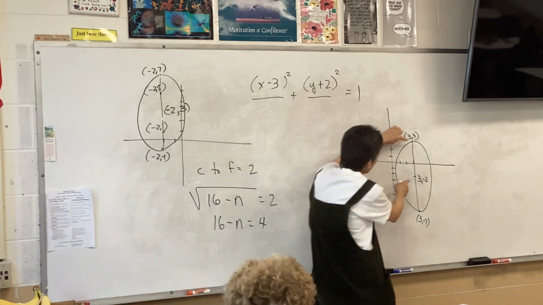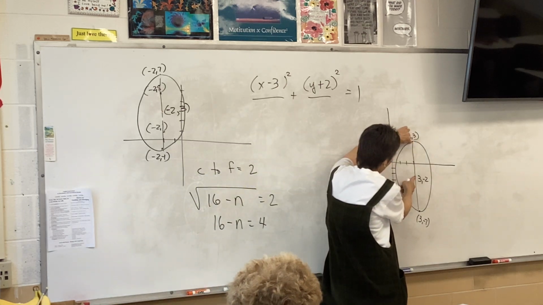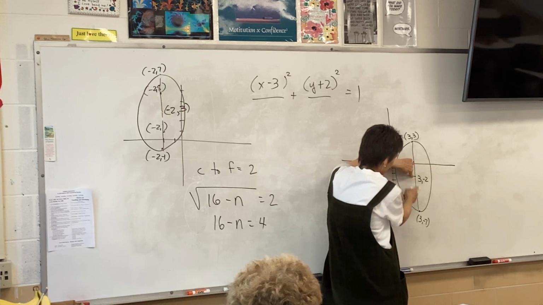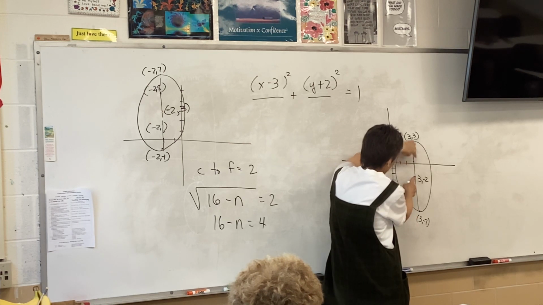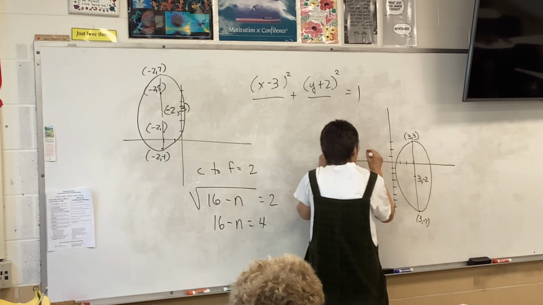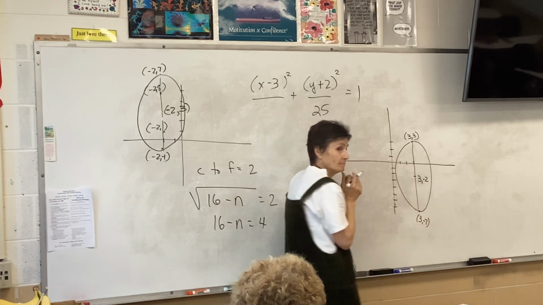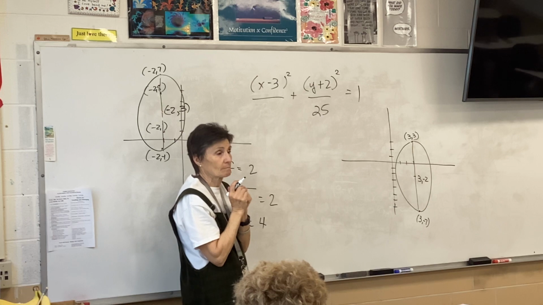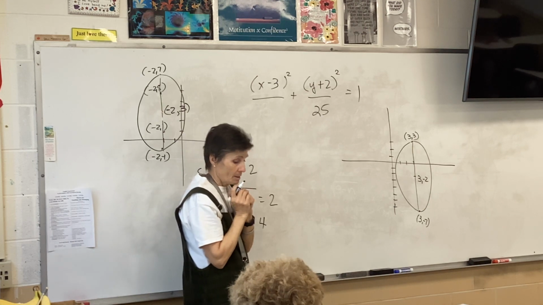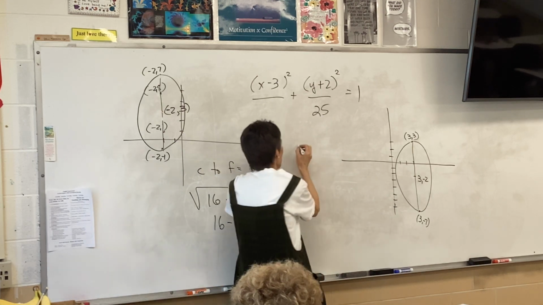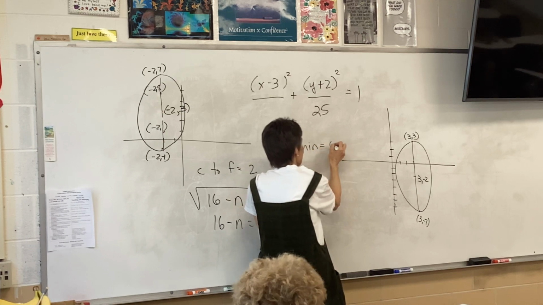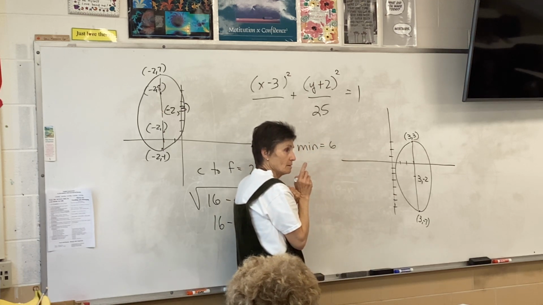And then look, how far up and down did we go? What's that distance? 5, which means under y is a 25. Now they told me that the minor axis is 6.